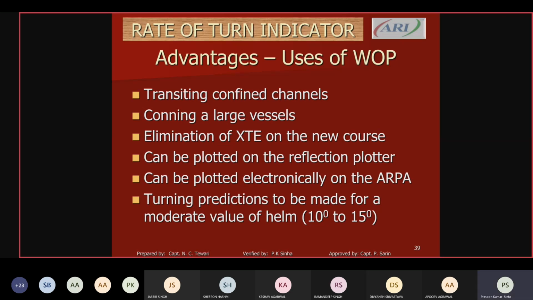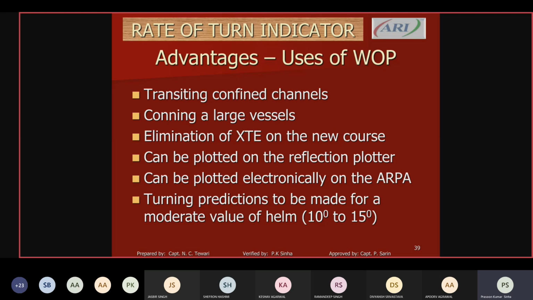These are the advantages of rate of turn indicator or wheel over point basically. What are the advantages of wheel over point? When we draw the wheel over line, we then find the wheel over point. What are the benefits?